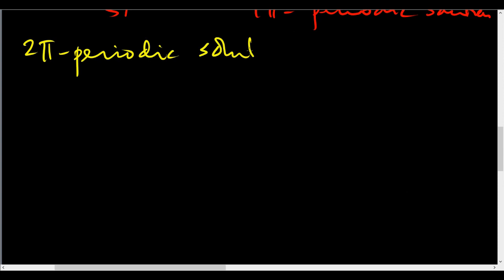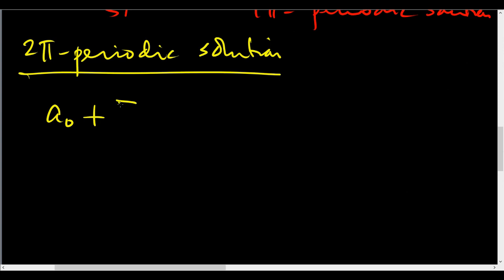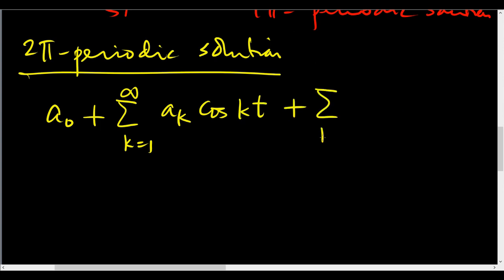If it's a periodic solution, we can think about it in terms of Fourier series. So let us think about a 2 pi periodic solution. That means we have A0 plus the sum from k equals 1 to infinity of ak cos kt plus the sum n from 1 to infinity of bn sin nt.